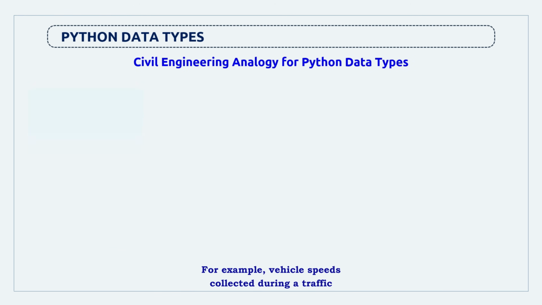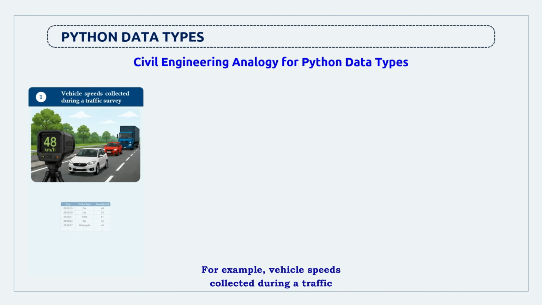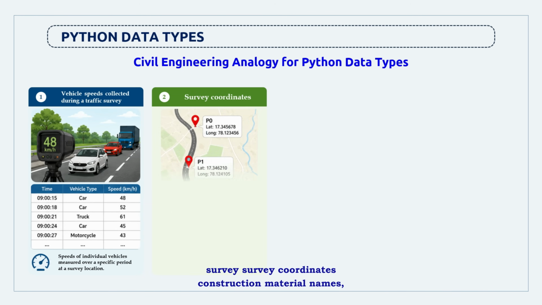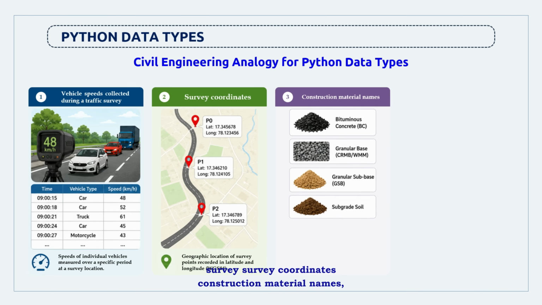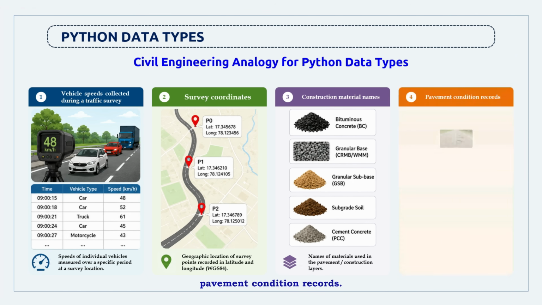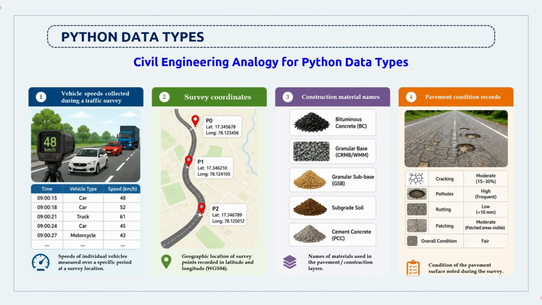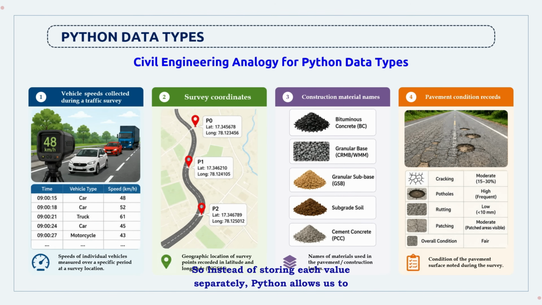For example, vehicle speeds collected during a traffic survey, survey coordinates, construction material names, pavement condition records. So instead of storing each value separately, Python allows us to organize the data efficiently using these data types.